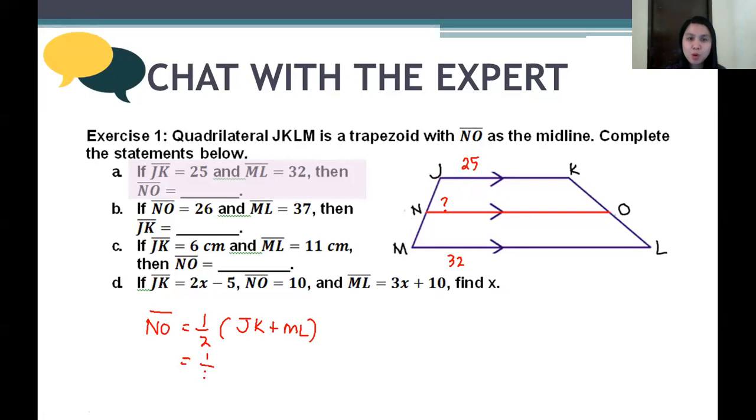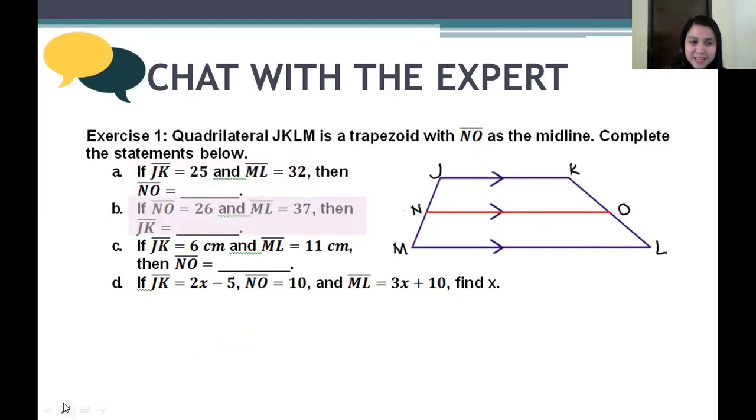Let's check. 1/2 of 25 plus 32, 1/2 of 57. So the answer is 28.5. Congratulations, Althea. You got the correct answer. Very good.